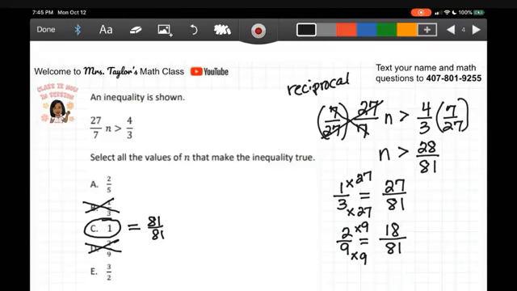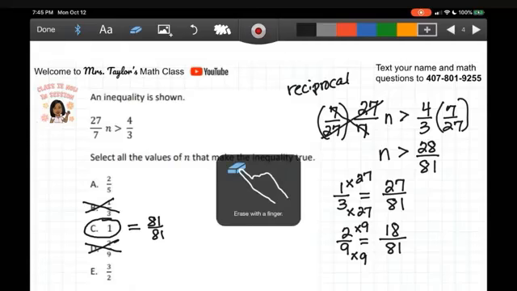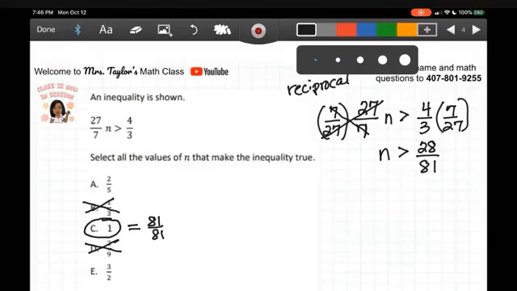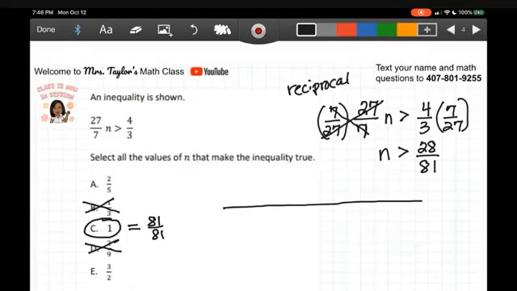Now let's go to the ones that are a little bit harder to actually see. So let's put it on a number line. I guess we can see a little better. So if I was to draw a number line, let me erase some stuff. I have some room. Okay, so if I was to draw a number line like this, and I want to put 28 over 81 on the number line.